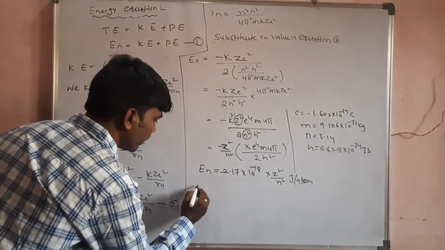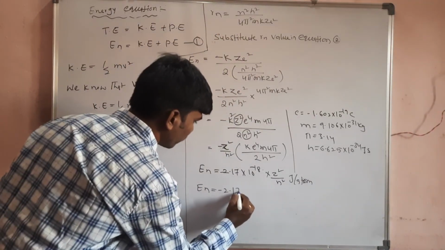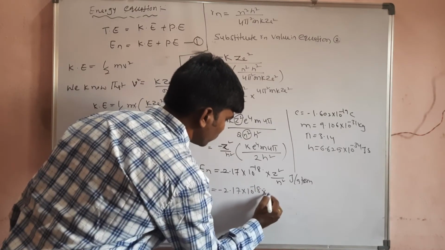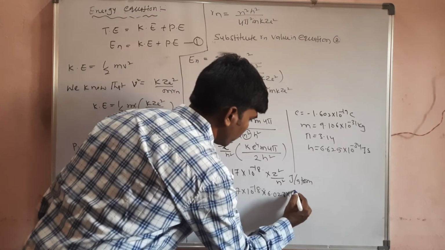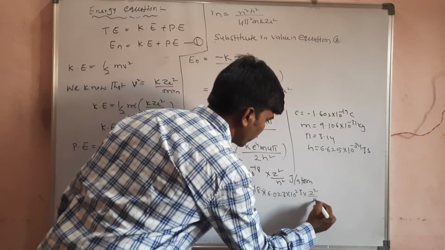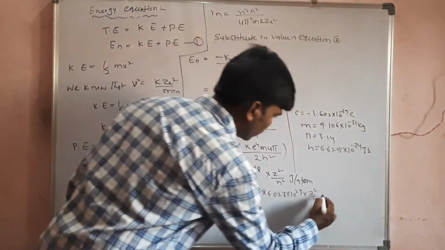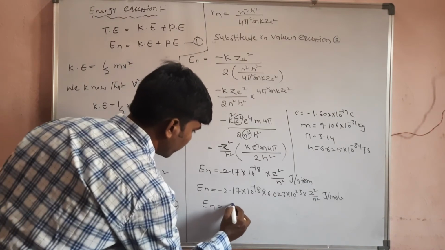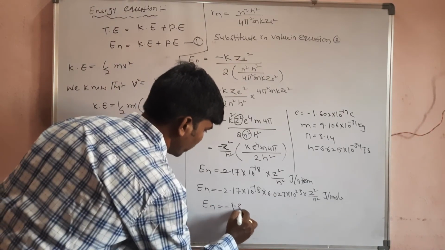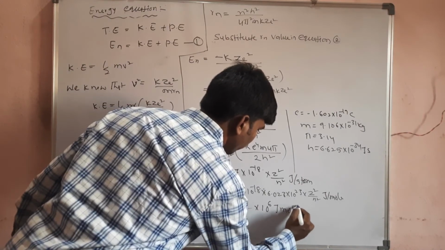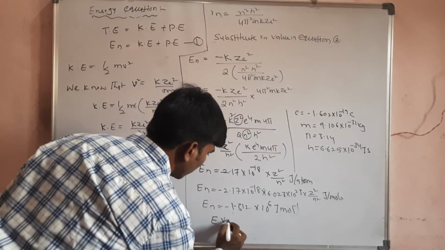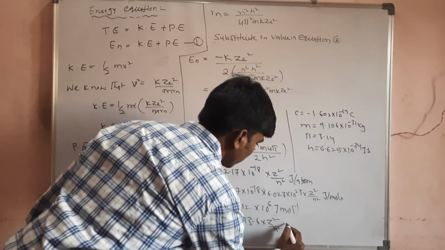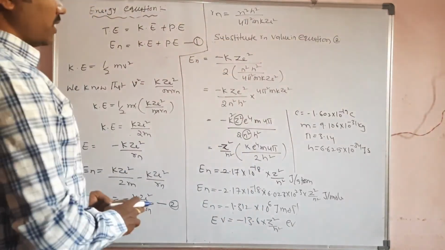For 1 mole we need to multiply by Avogadro number: minus 2.17 into 10 to the power of minus 18 into 6.023 into 10 to the power of 23 into Z square by n square joule per mole. So En is equal to minus 1.31 into 10 to the power of 6 joule per mole. In electron volts, minus 13.6 into Z square by n square electron volts. This is the energy equation.